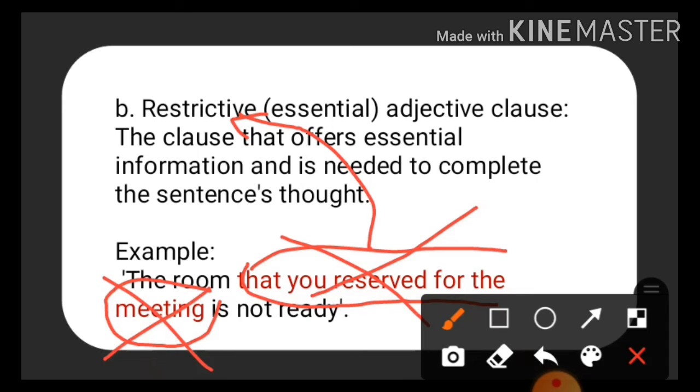Maka dari itu, adjective clause-nya ini dibutuhkan untuk melengkapi kalimatnya. Oh, the room that you reserved for the meeting. Ruangan yang sudah dipesan untuk meeting. Jadi seperti itu. Mengapa dikatakan esensial? Karena memang dia diperlukan untuk melengkapi kalimat itu. Okay, I hope you can understand it well.